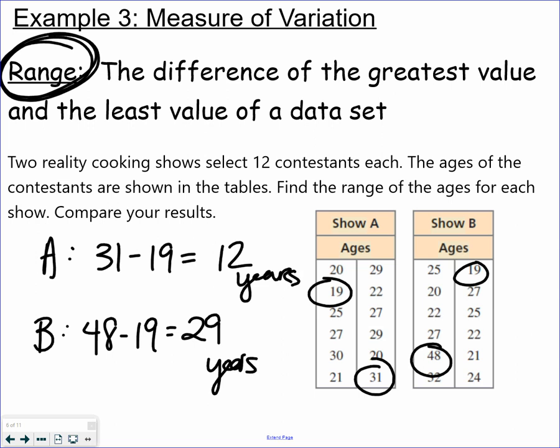This is considered a measure of variation. Measures of variation basically talk about the spread of the data set. The measure of center, which is what we did earlier with mean, median, and mode, basically talks about what is the middle, or what is a number that represents the data. This one's representing the variation of the data. So, the range of data.